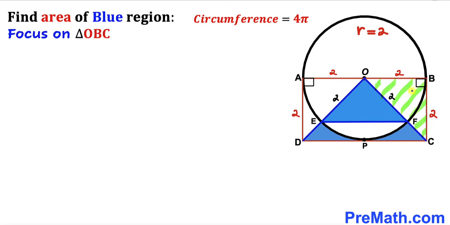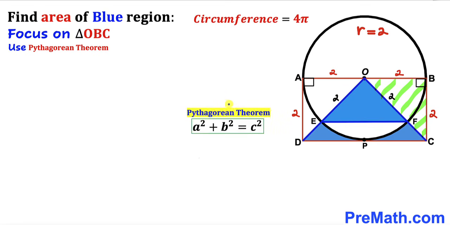Now let's focus on this right triangle OBC. We know its side lengths are 2 and 2, and now we are going to calculate its hypotenuse OC. So we are going to apply the Pythagorean theorem on this triangle. Here is our Pythagorean theorem: a squared plus b squared equals c squared. Let's fill in the blanks: one leg is 2, so 2 squared, plus the other leg is 2 as well, 2 squared, equals our hypotenuse OC squared.